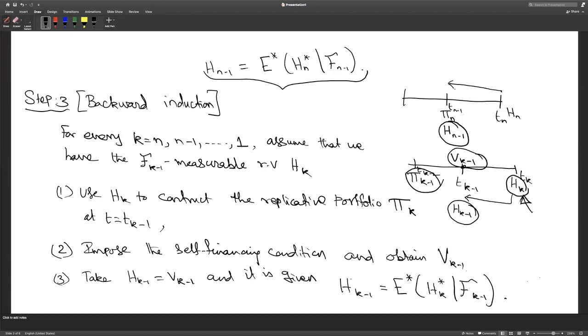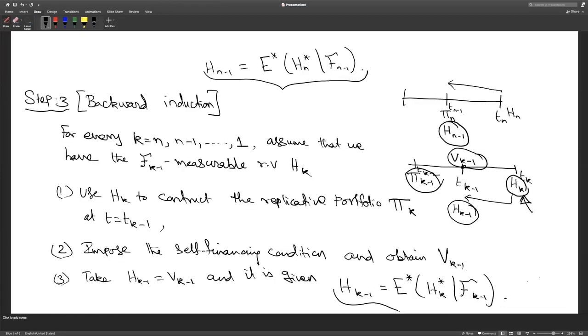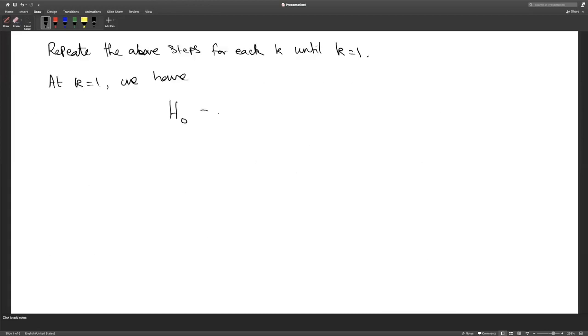So you repeat this step for each k until k is equal to 1. When you put k is equal to 1 in this expression, you have H naught, which is equal to E star of H1 star given F naught.